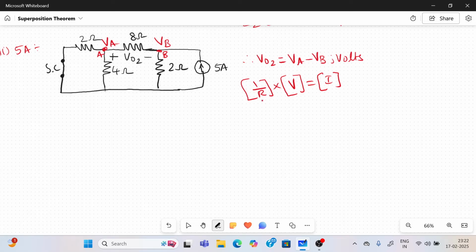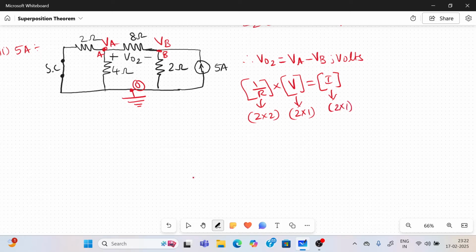What is the size of the 1 by R matrix? It is a square matrix depending upon the number of nodes. There are 2 nodes and the same is a ground node, so the size is 2 cross 2. The voltage is a column matrix 2 cross 1. The current is also a column matrix 2 cross 1.